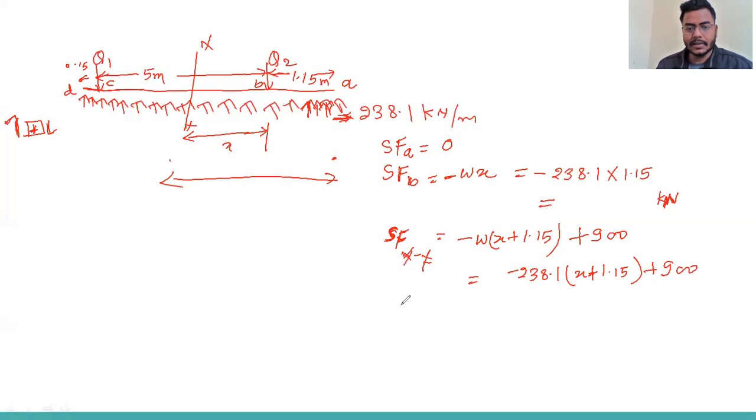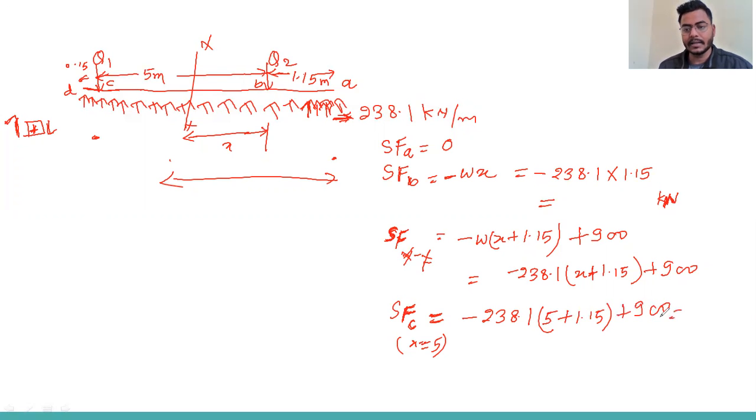So now we can calculate the shear force at C, just before C. When we are working here, what will be the value of X? X will be 5 meter. So by keeping X equal to 5 meter, we can get the shear force at C. So we calculate minus 238.1 into 5 plus 1.15, plus 900.